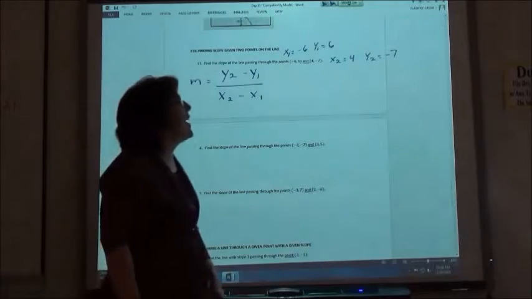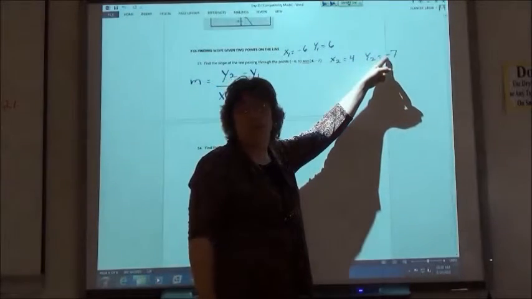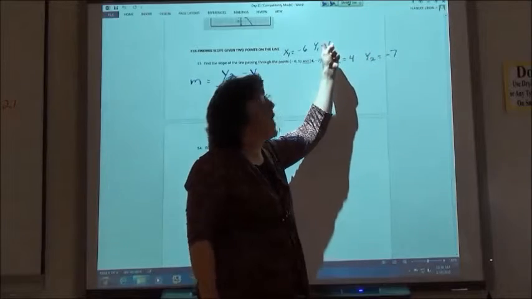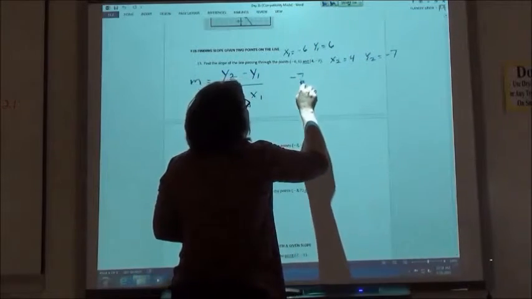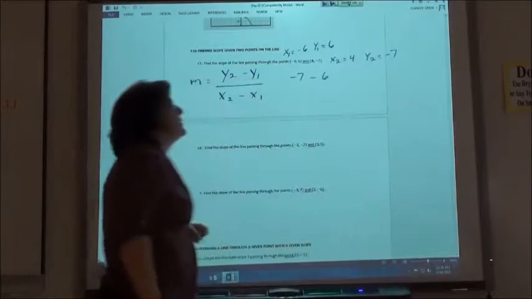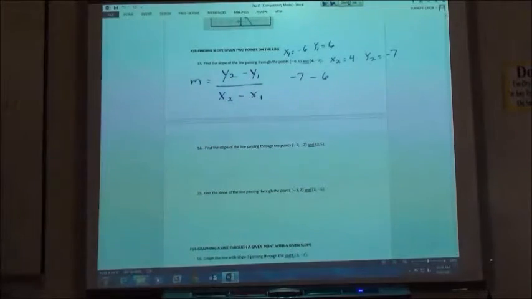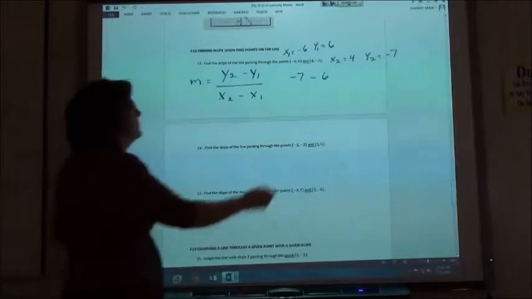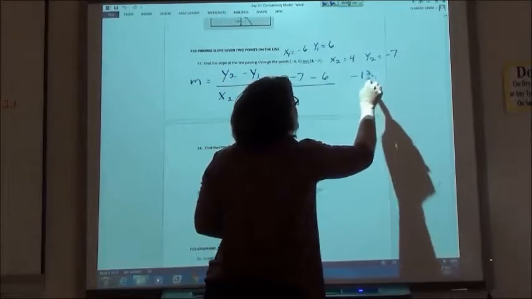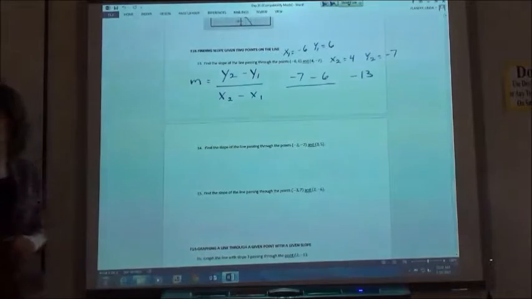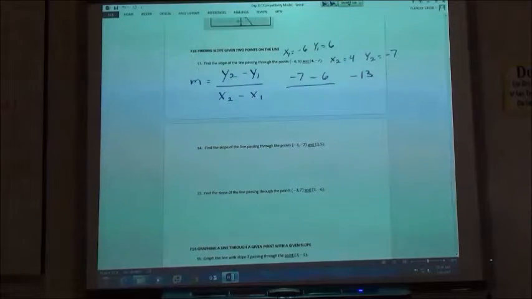So my formula says, take the y value from the second point, subtract the y value from the first point. So I'm going to take -7, I'm going to subtract the 6. Well, -7 minus 6 would be -13 for my change in y. If I would plot my 2 points and count, I'd have to go down 13 to get from one point to the other one.